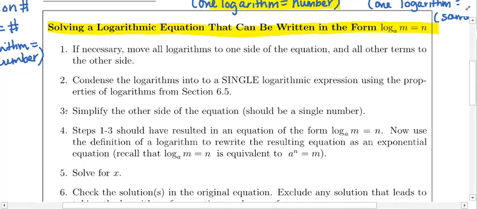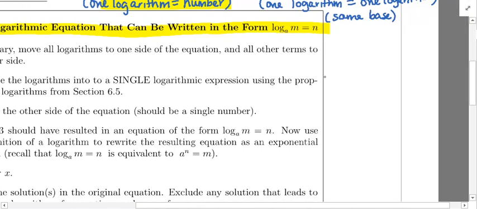Then in step 2, you're going to condense the logarithms into a single logarithmic expression using the properties of logarithms that you learned in section 6.5. Let's quickly reminisce about those three properties. The first property told you how to handle log base A of something times something.